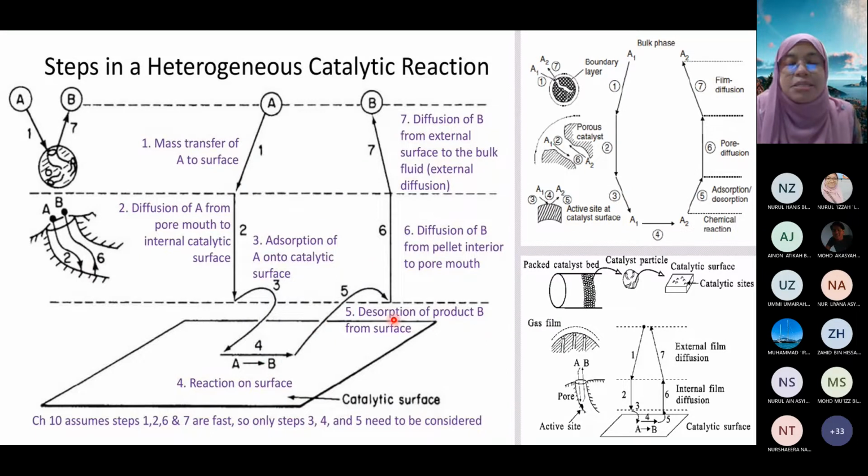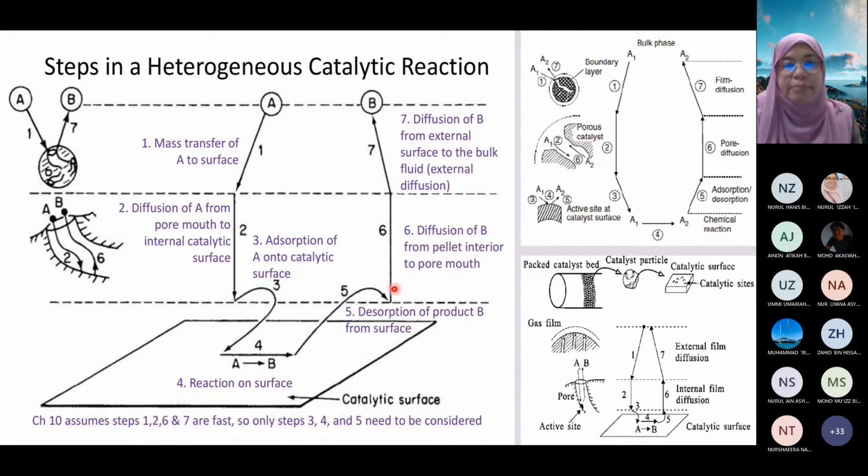So via desorption. So desorption of the product from the surface of catalyst. So kalau dia attach tadi via adsorption process, detach via desorption. Okay, so dia terbaliklah, adsorption and then kenalah ada desorption of product from surface.